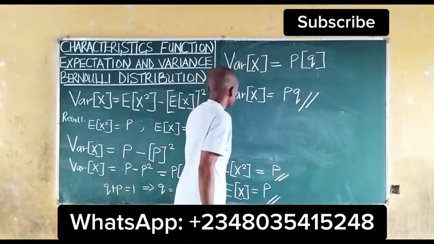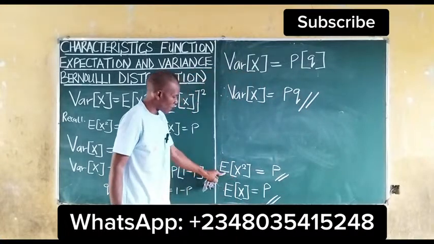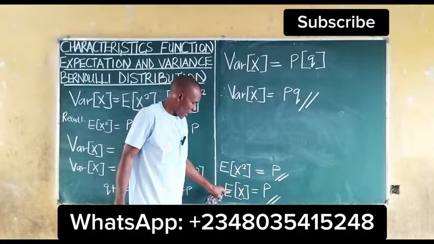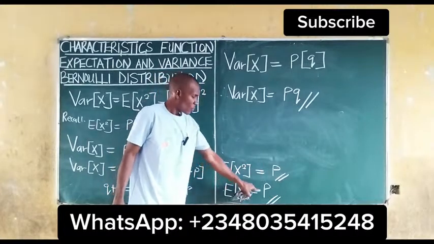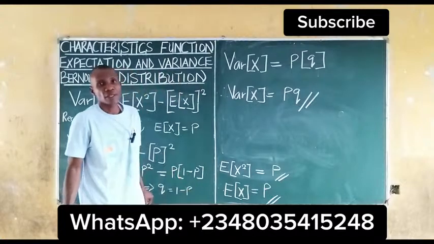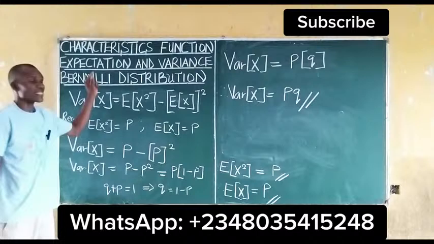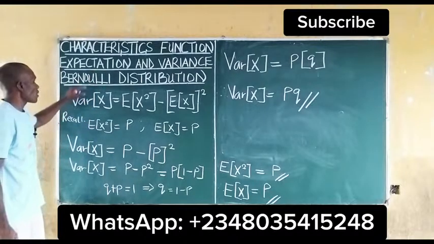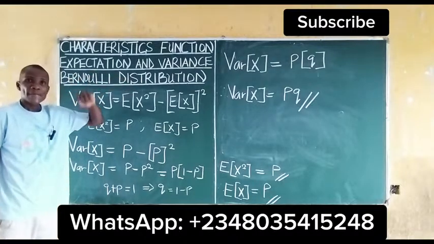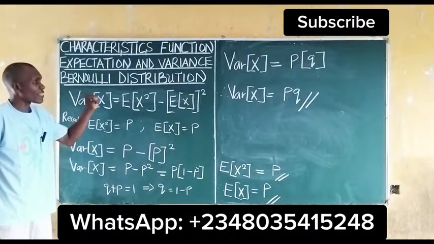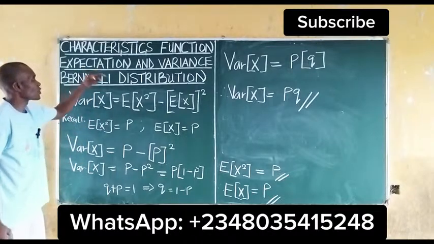We also have our expected value of x squared as p, and the expected value of x will also be p. So this is how to derive the characteristic function, the expected value and the variance for the Bernoulli distribution.